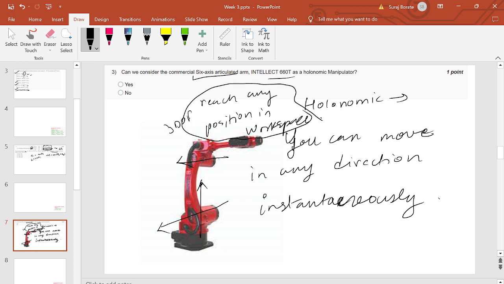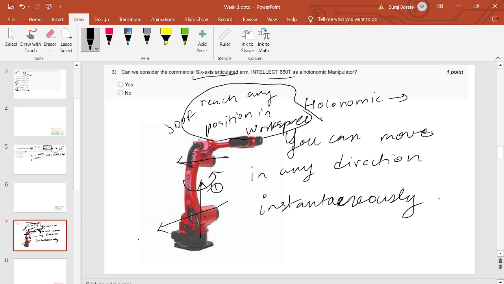Okay, using these 3 degrees of freedom, because these 3 degrees of freedom are not parallel, right? So if you imagine the base rotation, it can rotate the arm like this. And the second rotation is like a shoulder, so you can rotate the arm like this. Then this particular rotation is perpendicular to the second rotation.